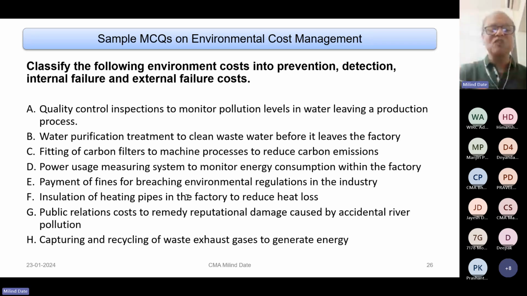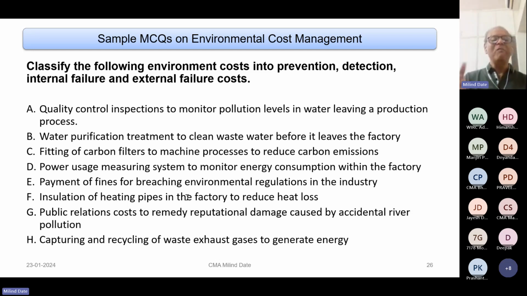So I'm not going to discuss each and every of these 8 statements. Just a couple of them, I will tell you how to look at it. For example, if you take the second statement, B, water purification treatment to clean wastewater before it leaves the factory. That means first you have created wastewater. So it's not prevention.